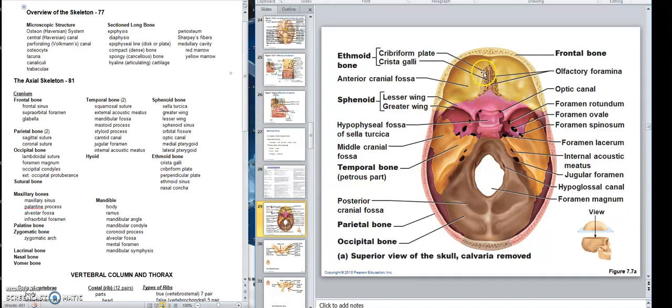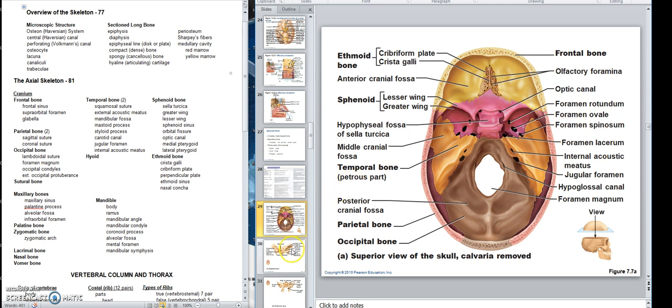You could almost hold the skull up by that if you could see it. That's what we call the crista galli. The crista galli attaches to the meninges. So if you're jumping up and down, it attaches to the meninges so the brain doesn't jump up and down in the skull.